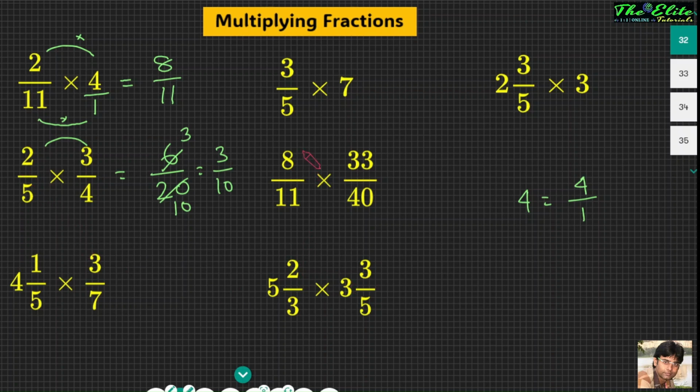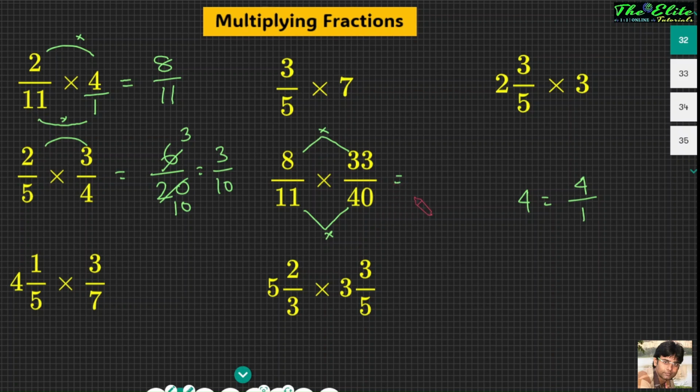For example, here we have the fractions 8 upon 11 multiplied by 33 upon 40. So the general rule is you will multiply the two numerators and multiply the two denominators. But if you use this method all the time, it will not be easy for you.